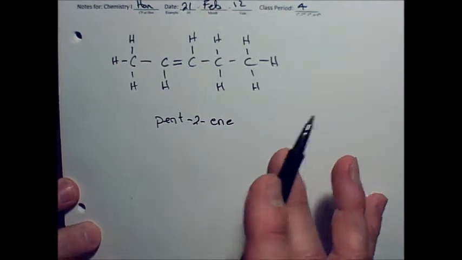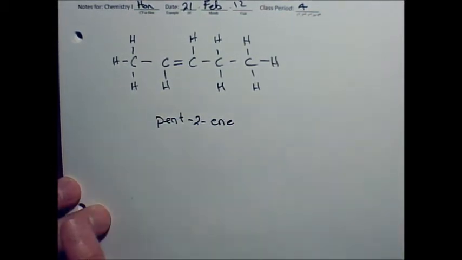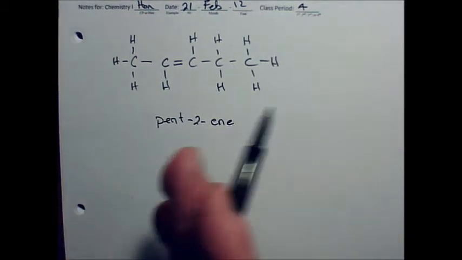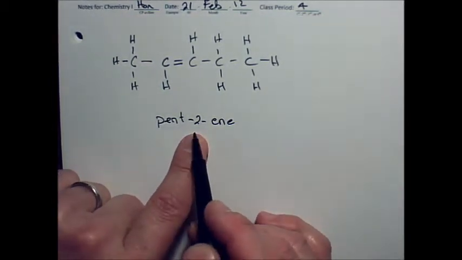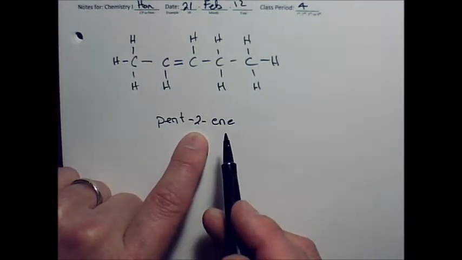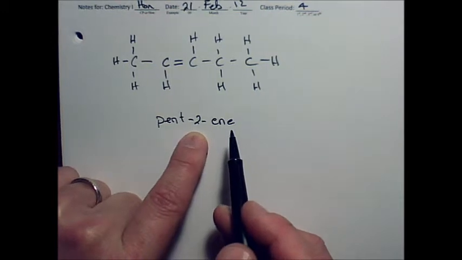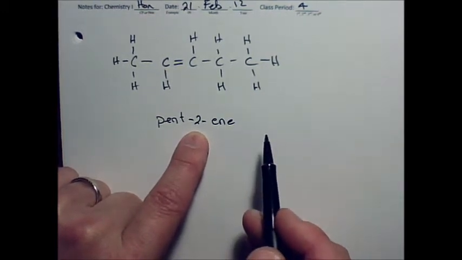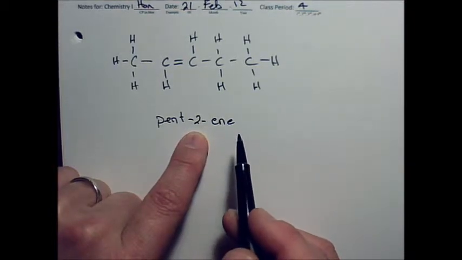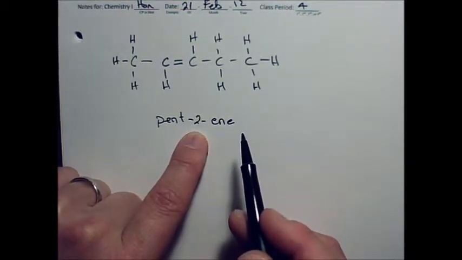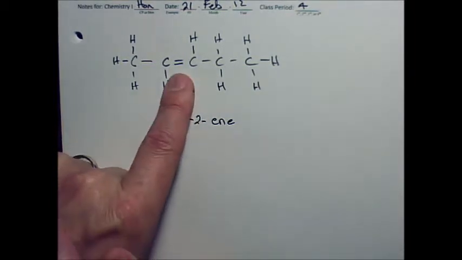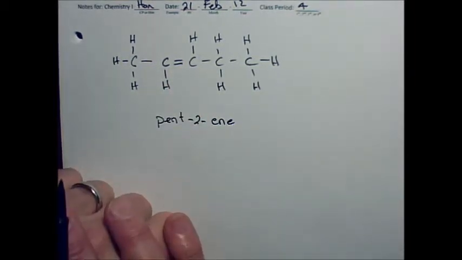There are times when you can't put the number in front. It won't work anymore. So rather than mix up those two different systems, we're just going to always stick the number in the middle for right now. We're always going to put the number in front of the functional group to which it applies. Does that make sense? That double bond is a functional group.